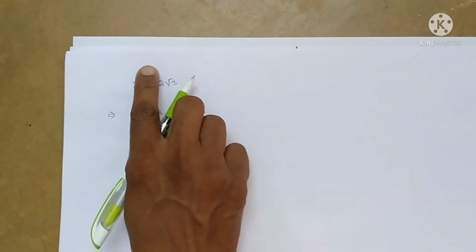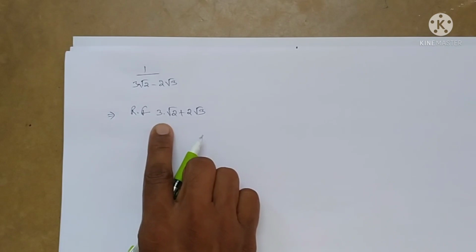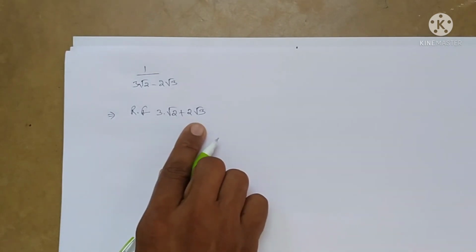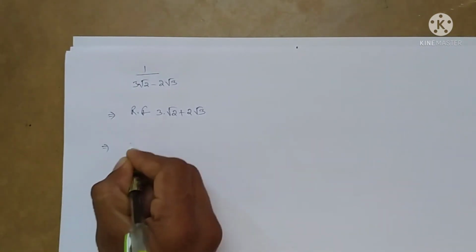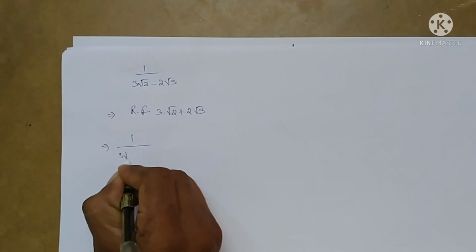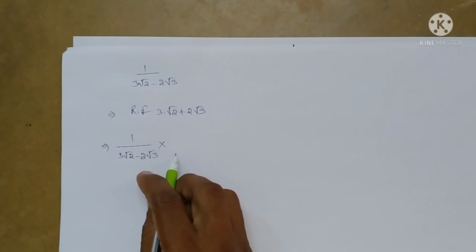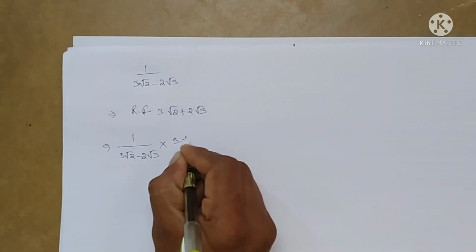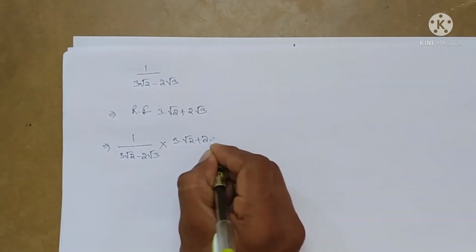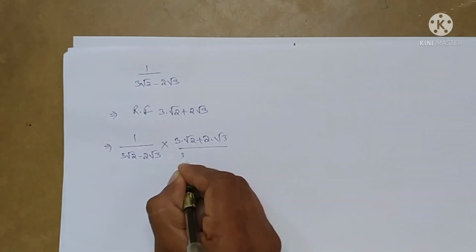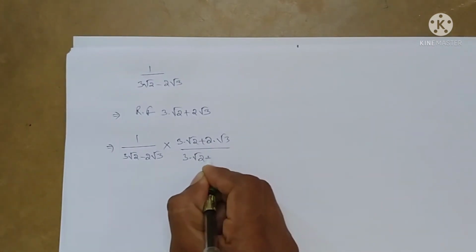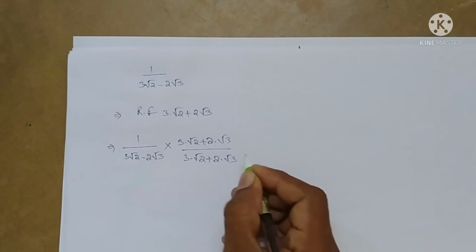Multiply numerator and denominator with 3 into root 2 plus 2 into root 3. That is equal to 1 by 3 root 2 minus 2 into root 3, into 3 into root 2 plus 2 into root 3 by 3 into root 2 plus 2 into root 3.